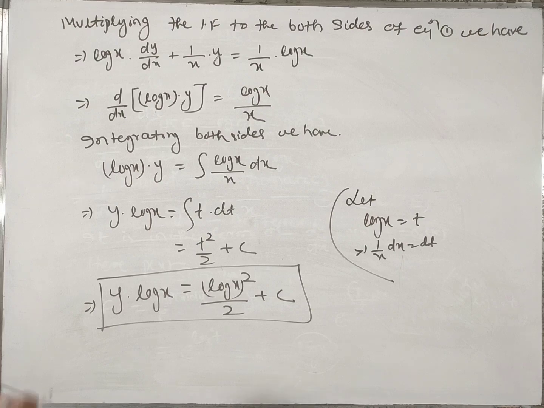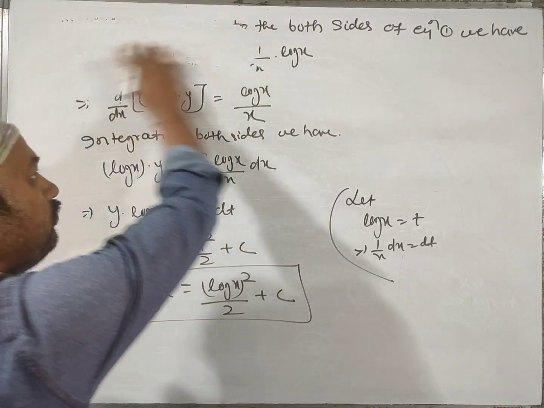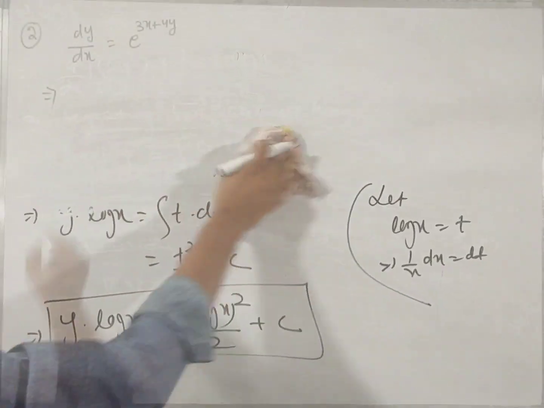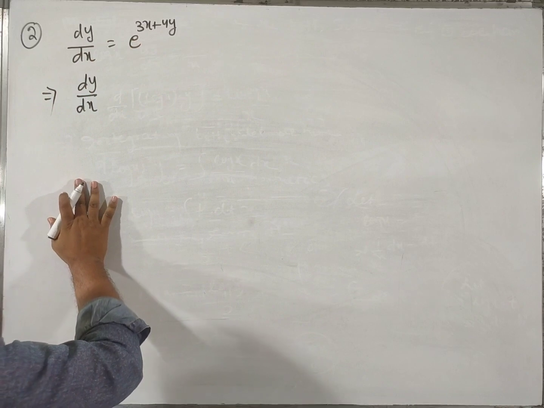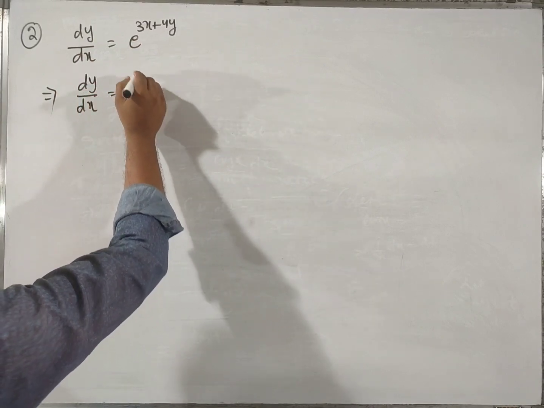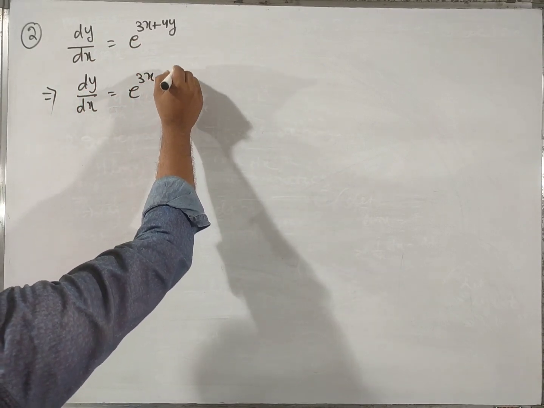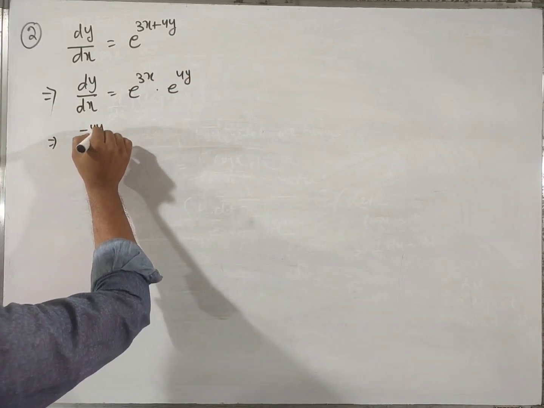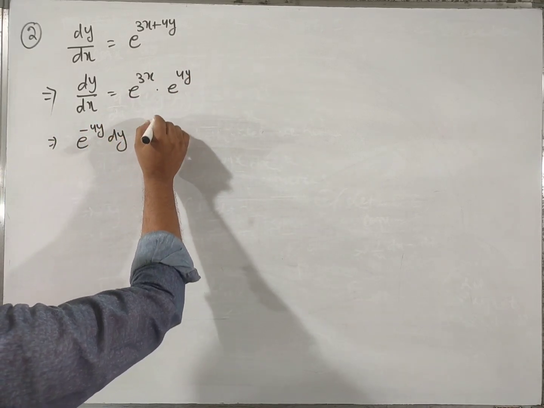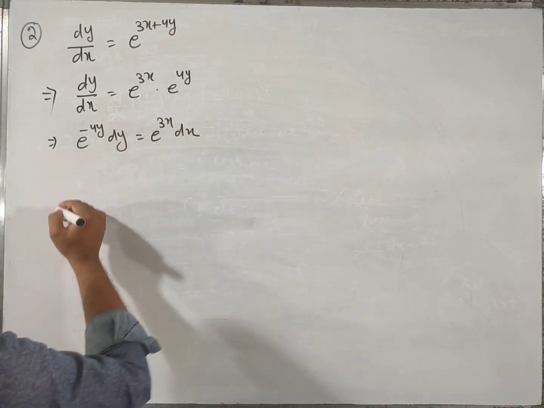Then the problem number 2. It is in the form of the variable separable method. So it will be e to the power 3x multiplied with e to the power 4y. Then it will be e to the power minus 4y dy equal to e to the power 3x dx.